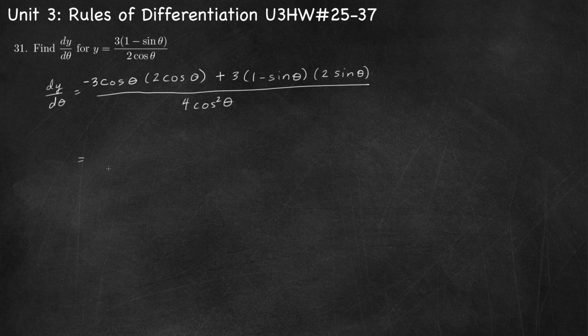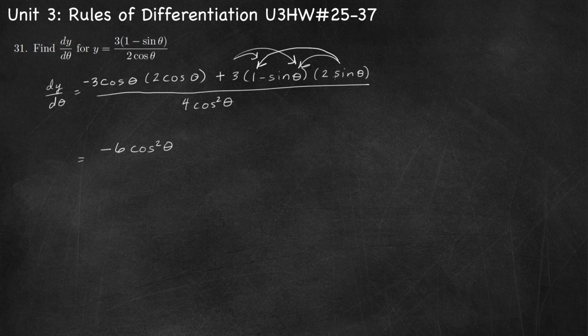Now let's see how we can simplify the top. So we've got negative 3 times 2 is negative 6. Cosine theta times cosine theta is cosine squared theta. Okay, and then I guess we can distribute this here, and then also distribute the 3 here and here.